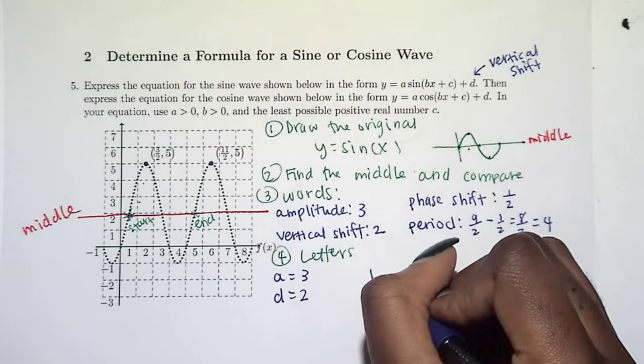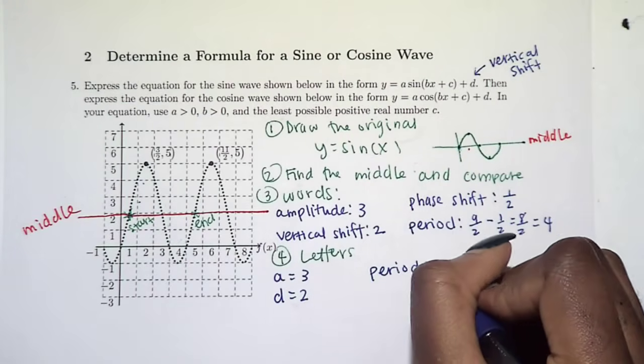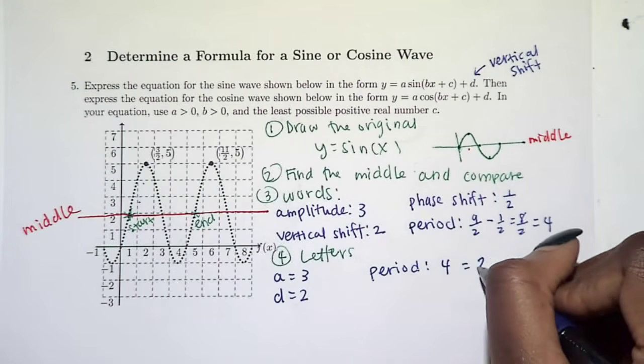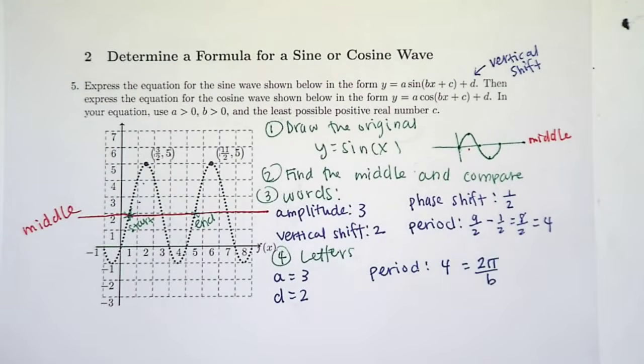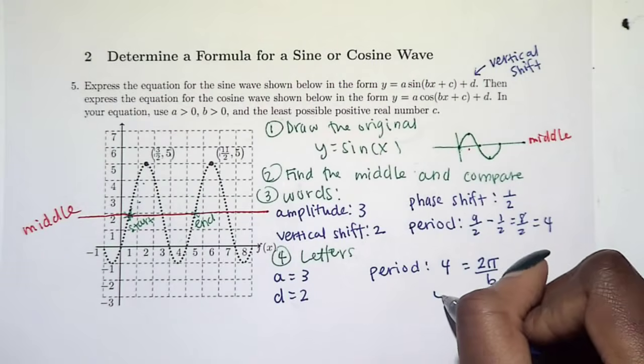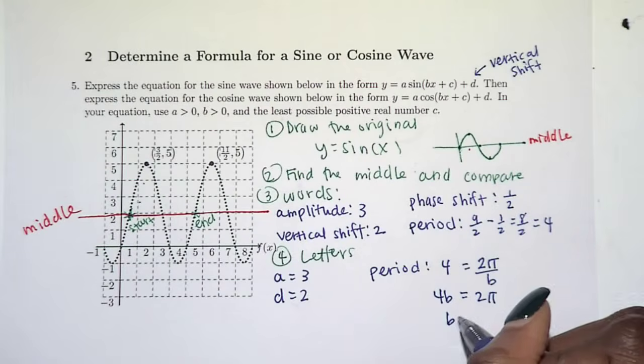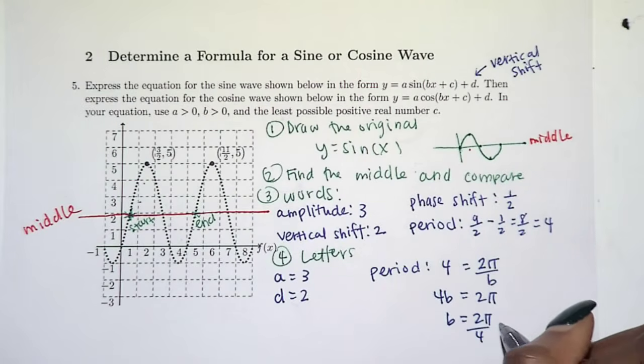So remember our period is 8, but remember there's a formula for that, 2π/b. So 2π/b should be the period, which is 8. And so we can use this to solve for b. So I'm going to multiply through by the b, divide by the 8.